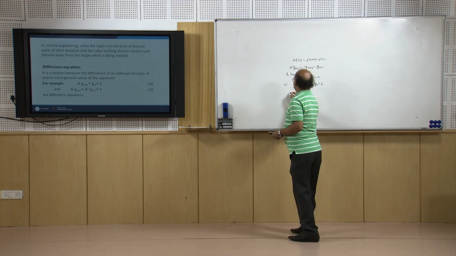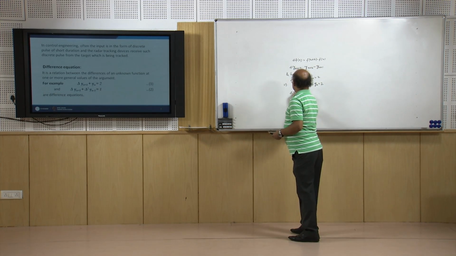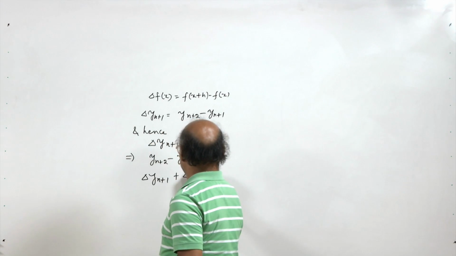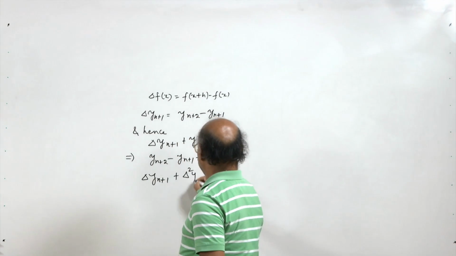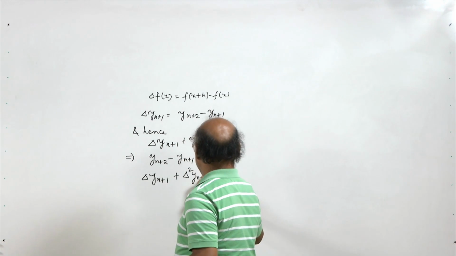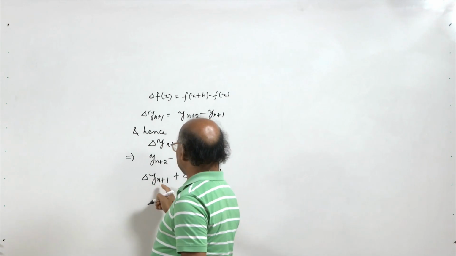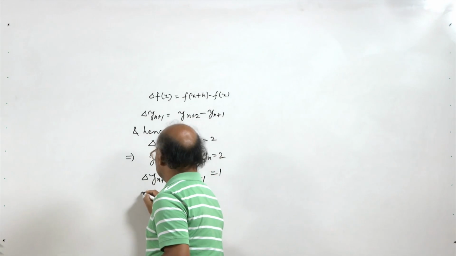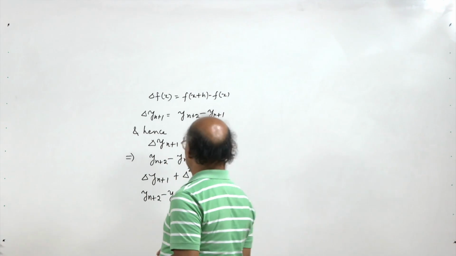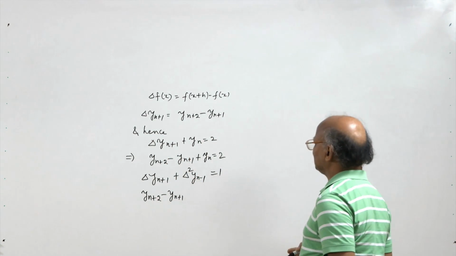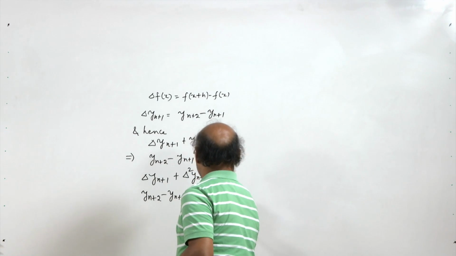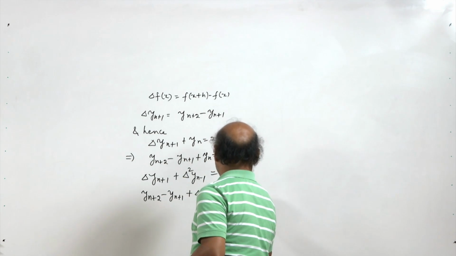Similarly, equation 2 is Δy(n+1) + Δ²y(n-1) = 1. Here Δy(n+1) is the first order forward difference, so we get y(n+2) - y(n+1), and Δ²y(n-1) is the second order forward difference. So, this will be Δ(Δy(n-1)) = 1.